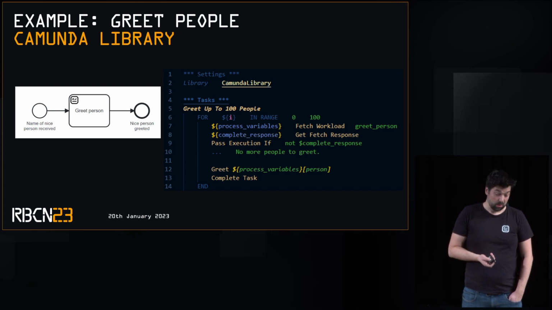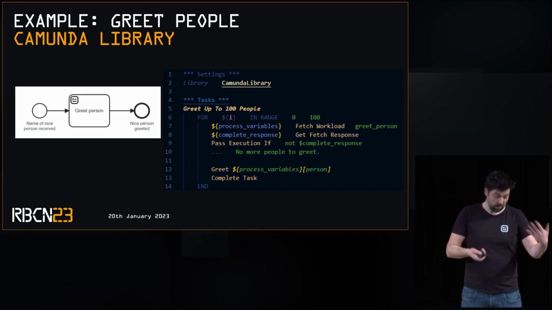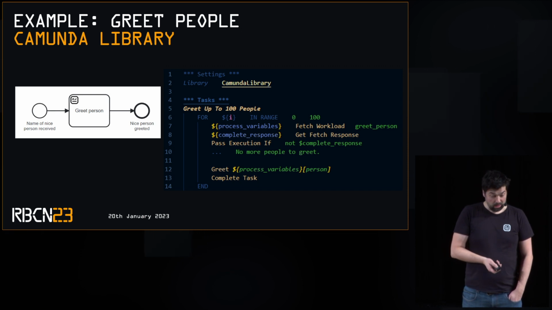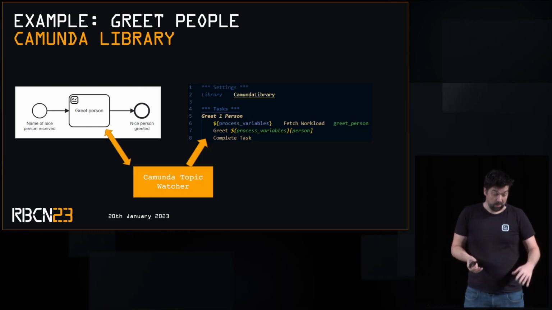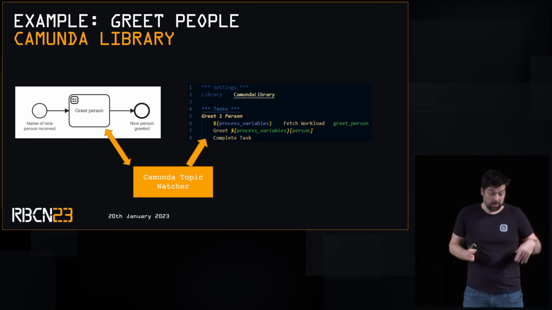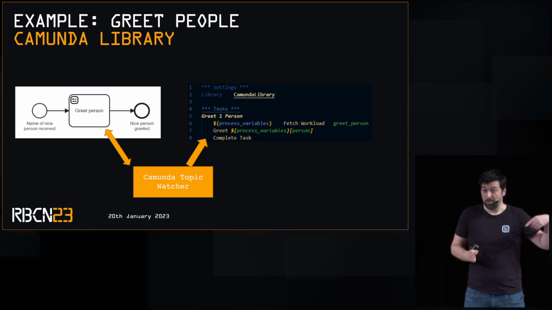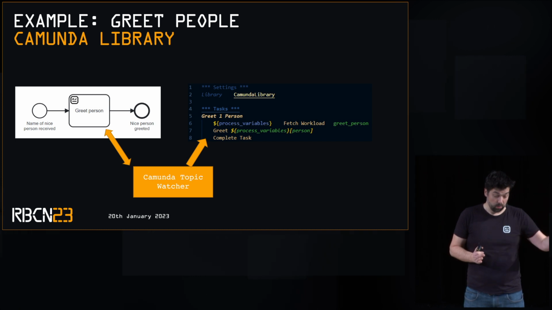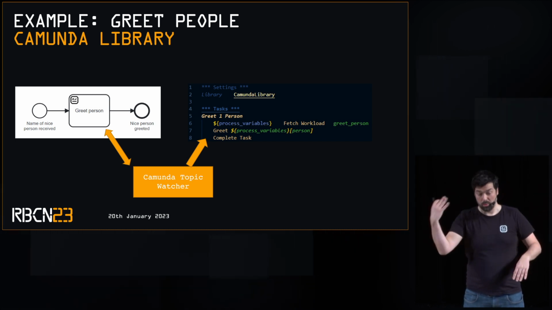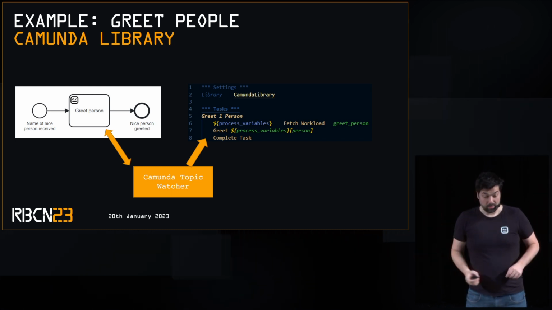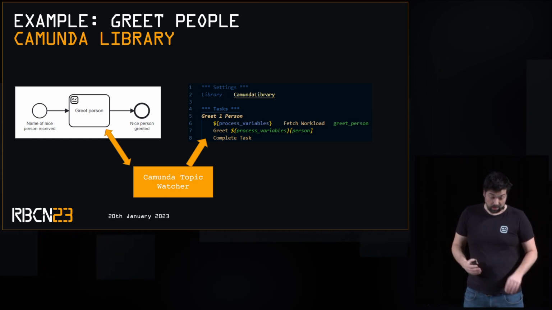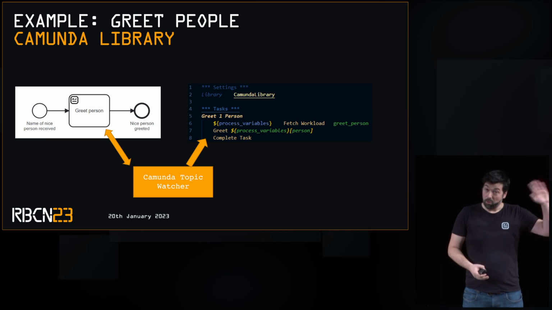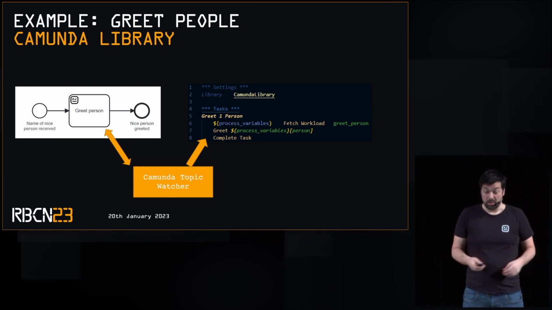You can do it shorter. So I was thinking how to make this more convenient and more service oriented. Then it could look like this. I have an outside small service that constantly checks if there are persons to be greeted. And if there's a person to be greeted, then execute the Robot Framework task once, and I can be sure that task will get a workload, and then fetch the workload, greet the person, and then complete the task again.